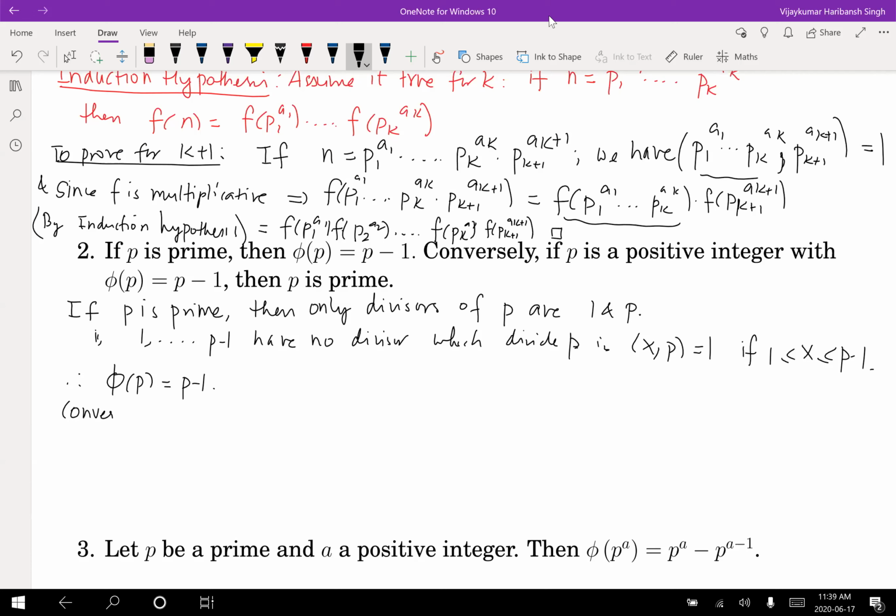Conversely, if phi of p equals p minus 1, we want to show that p is prime. So we'll prove by contradiction, or you could have proved it by contrapositive, but we'll prove it by contradiction. So assume p is not prime.